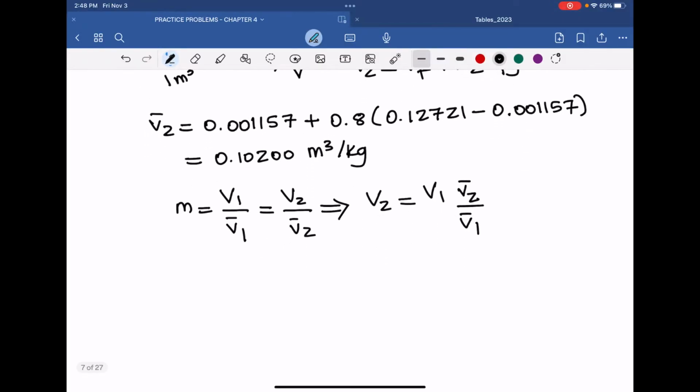So this is a relation that we can use to find the second state volume that we were missing. And here we can do that. V1 is 1 meter cube. V2 is this that we figured out.